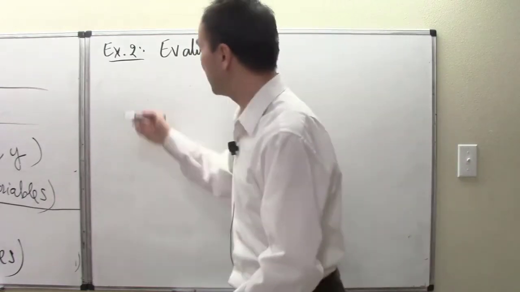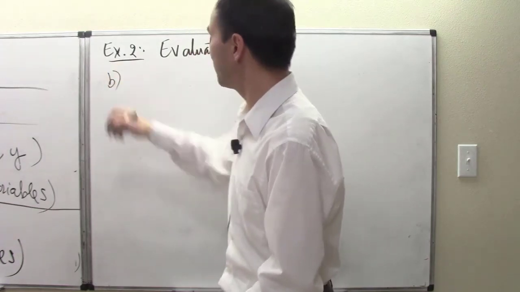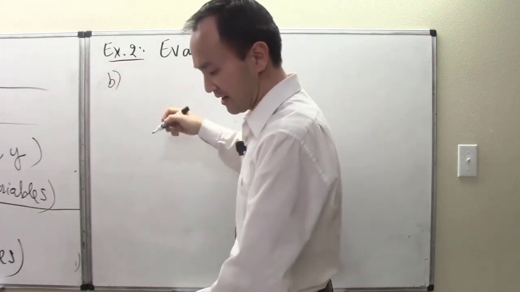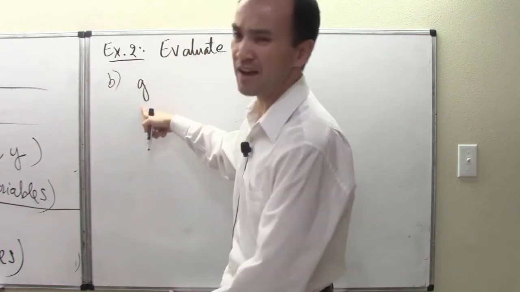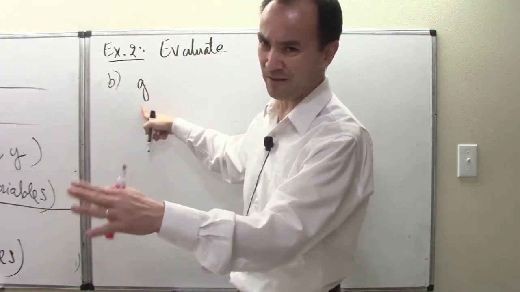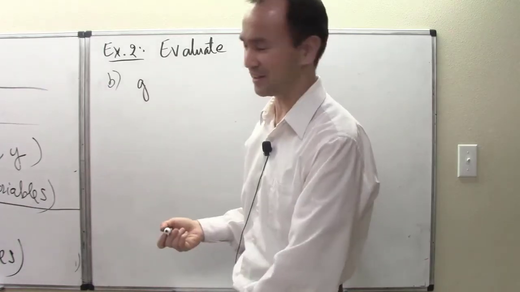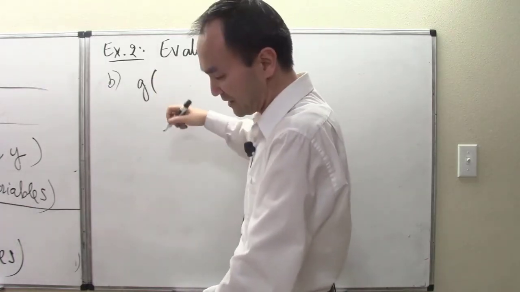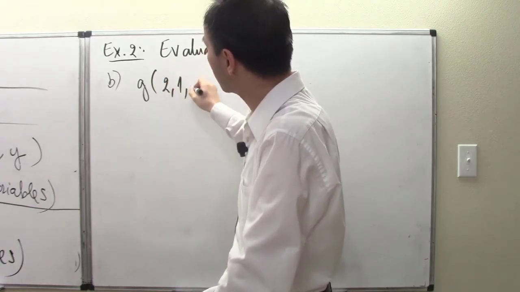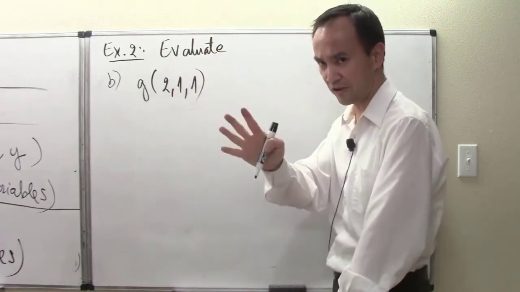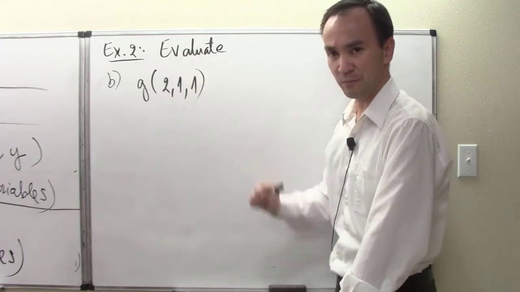Now in part B of the example, let's evaluate g. I'm really getting tired of naming my function f and f and f all the time, so g, how's that? So g of 2, 1, 1, some function of 3 variables like that.